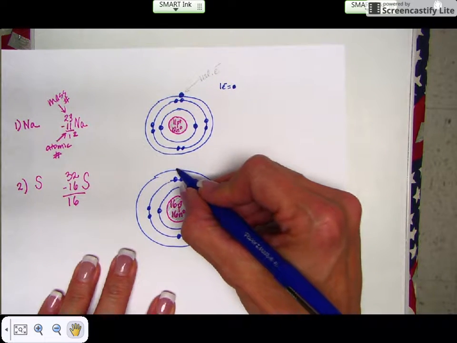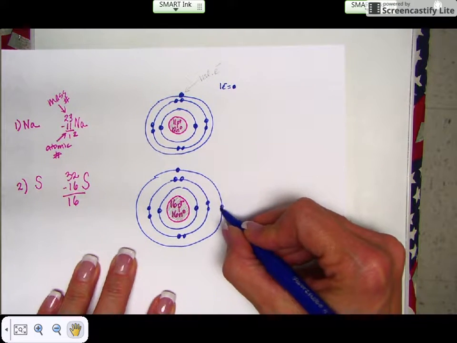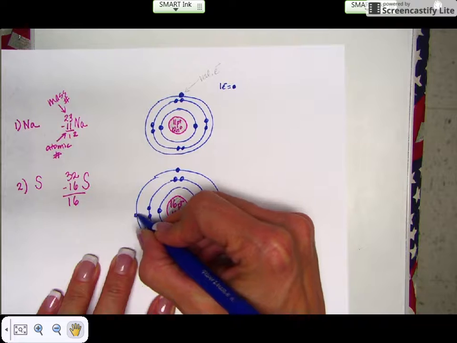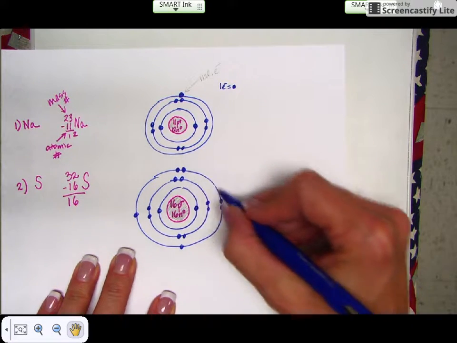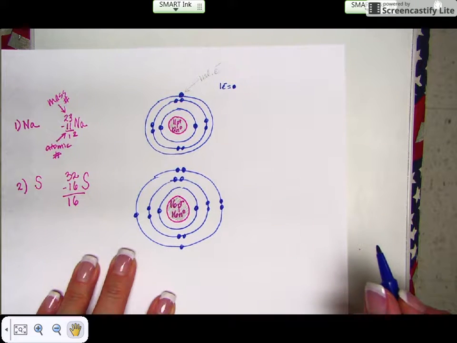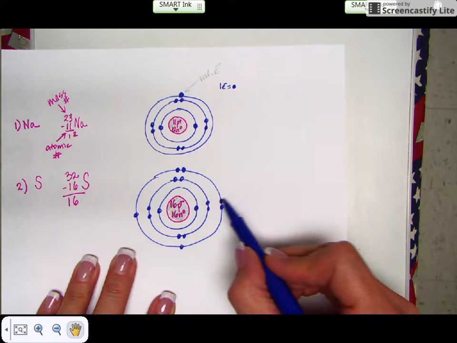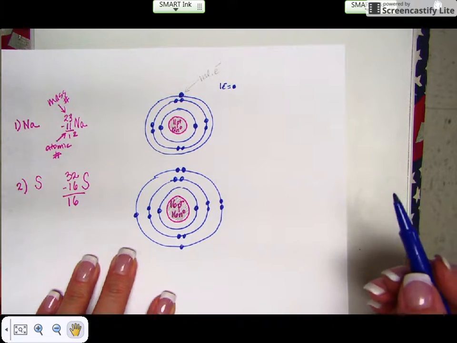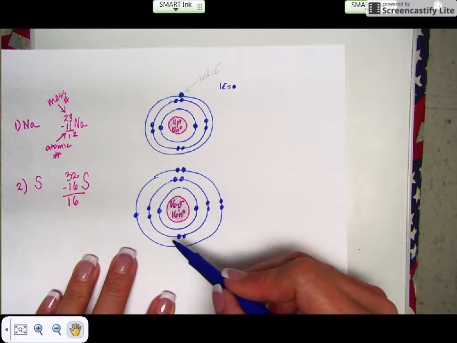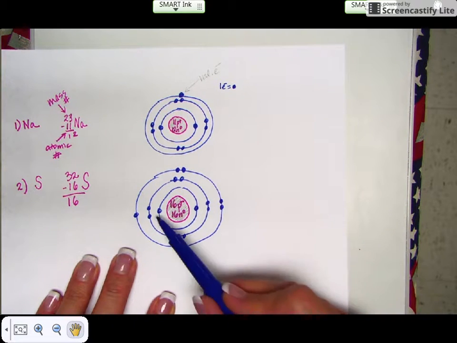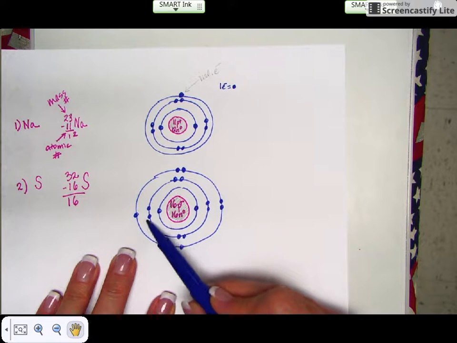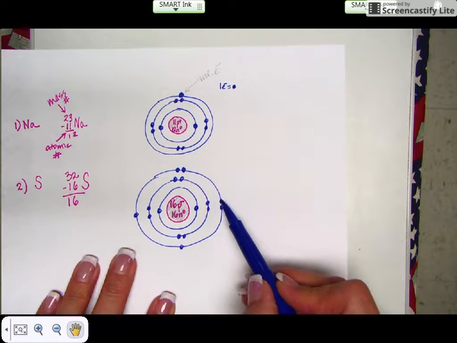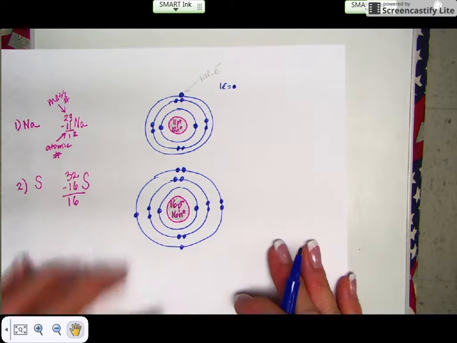And then again, we're going to put 1, 2, 3, 4, 5, 6 valence electrons. He's in group 6A. He has 6 valence electrons. If you total up the total electrons here, you should have 16.